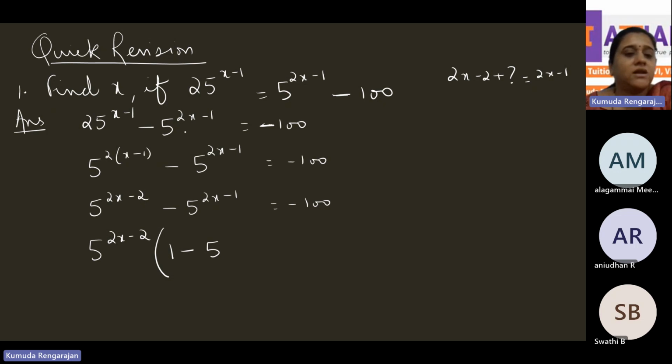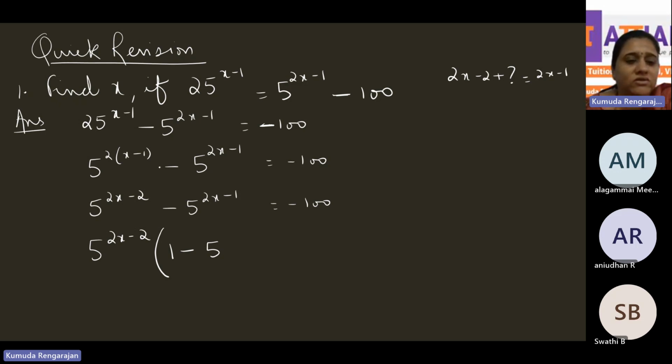That's the first step. Now you know 25 is 5 squared, but there's already a power x minus 1. When there's one base and many powers, you'll have to multiply the powers. So 2 into x minus 1. Then this one, nothing can be done. 5 to the power 2x minus 1 is equal to minus 100.